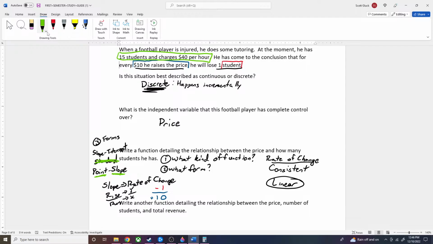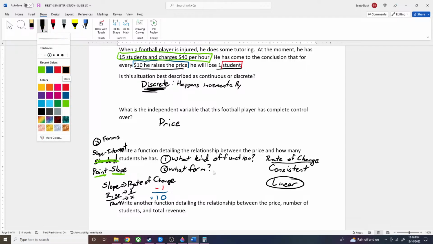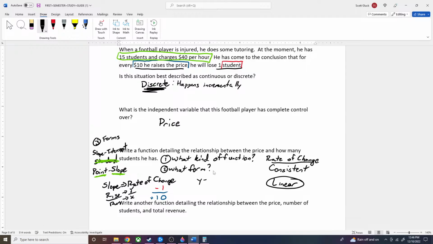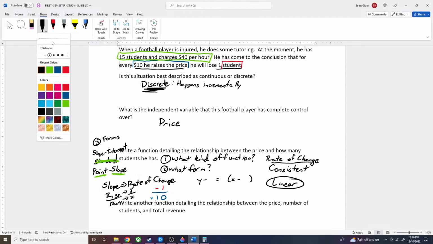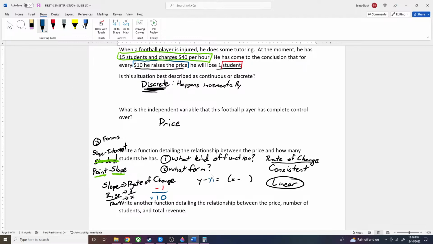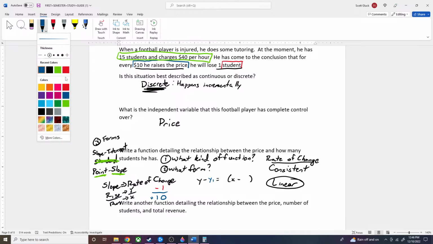Therefore, point slope form is going to be the best form for us, which is y minus y1 equals m times x minus x1. Now you'll notice that I left some blanks here. I like to color coordinate things. So y minus y1 is going to be blue. The slope is going to be green.